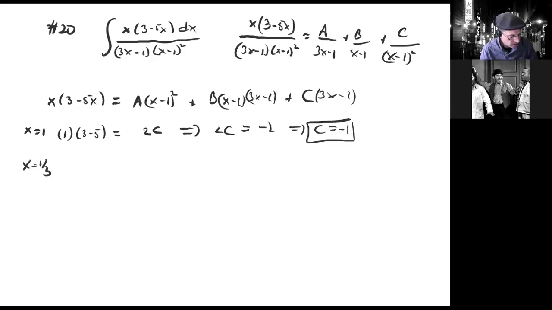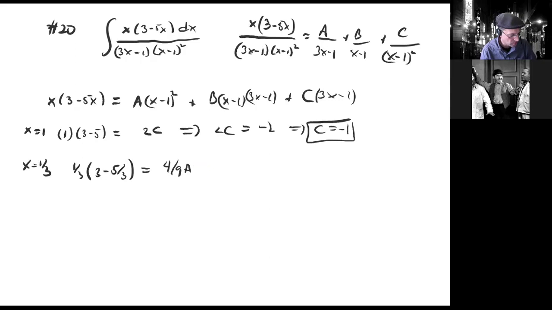So if x is a third, the left side of the equation becomes a third times (3 minus 5/3), and the right side becomes, okay, so 1/3 minus 1 is 1/3 minus 3/3, which is -2/3. Squaring -2/3, we get 4/9. So we get 4/9 a plus, the b term cancels and the c term cancels, so we're left with 4/9 of a is equal to 1/3 times (3 minus 5/3).